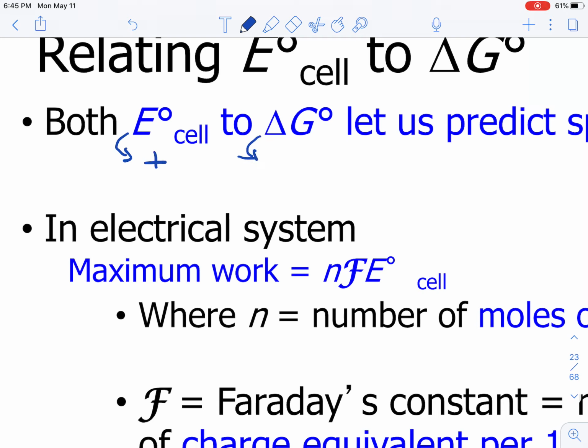Now, according to thermodynamics, for the Gibbs free energy to represent a spontaneous reaction, the sign must be negative. The combination of a positive standard cell potential and a negative change in standard Gibbs free energy tells us that the oxidation reduction reaction is going to be spontaneous in the forward direction.